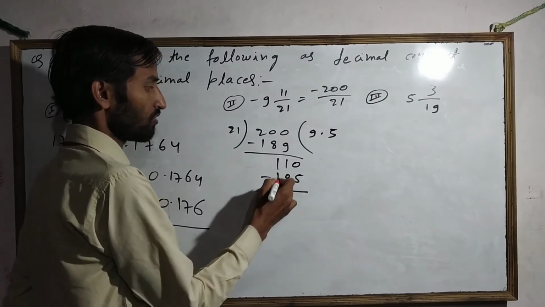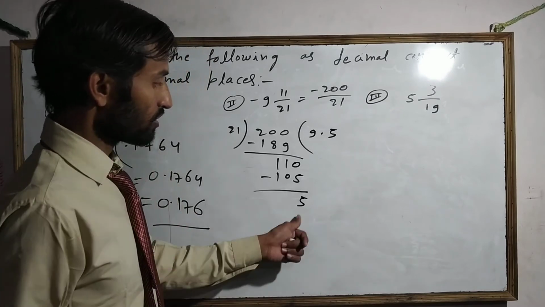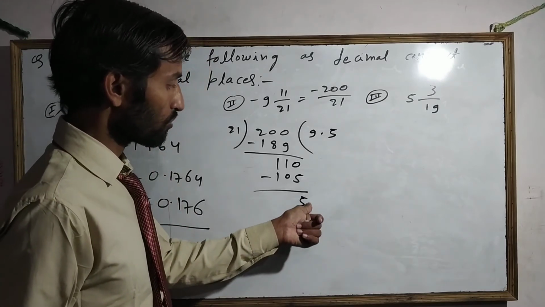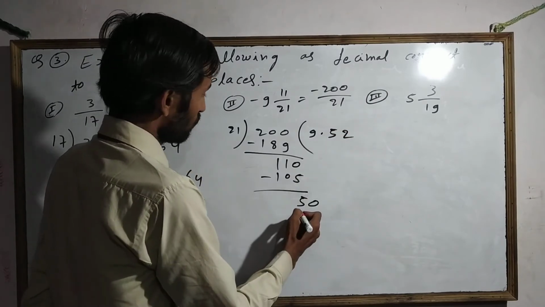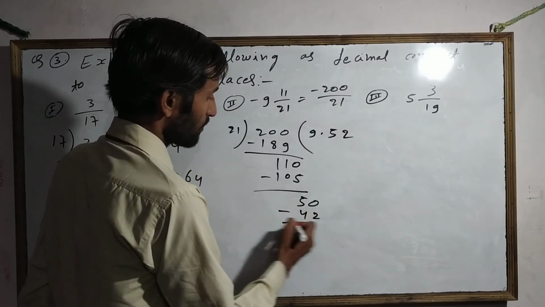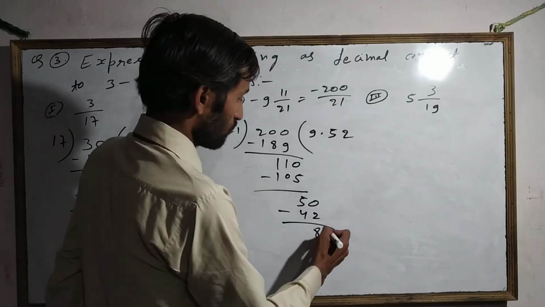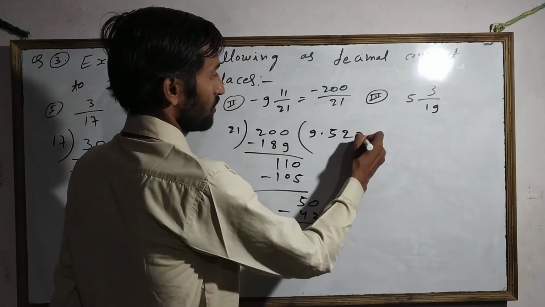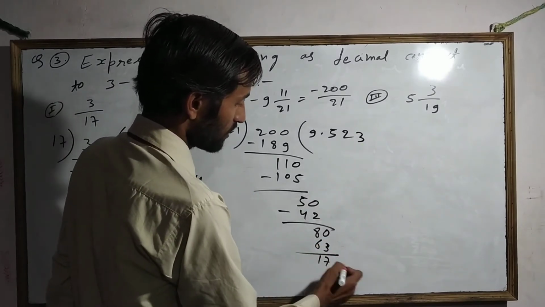Now we subtract 110 minus 105, it is 5. Again a smaller value, so we put 10 here. Now 2 times 21 is 42. We subtract, the remainder is 8. Now we put 10. 3 times 21 is 63. Now we subtract, the remainder is 17.